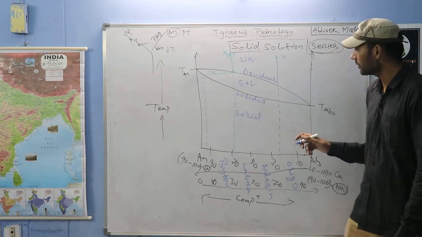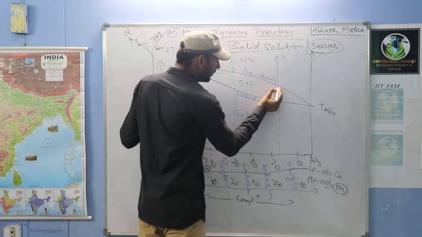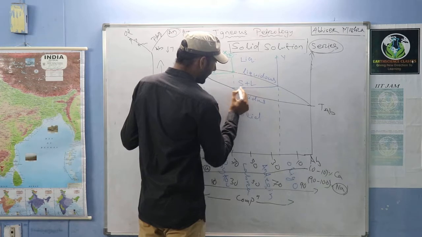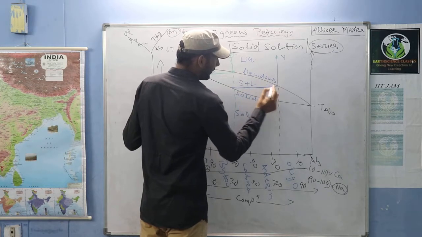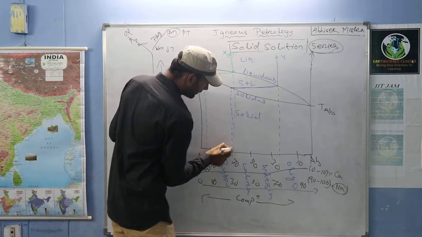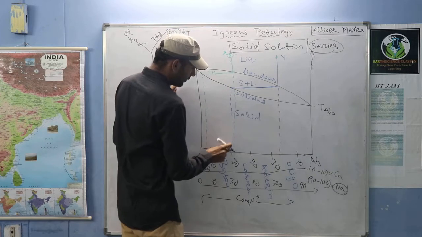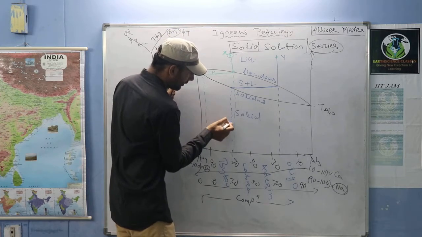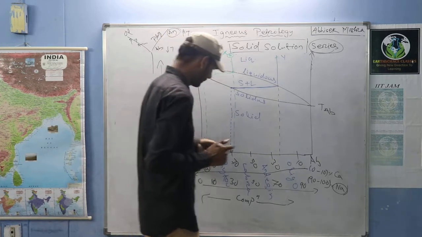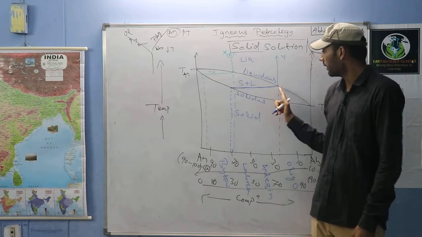Which mineral will form? We have to make a tie line here. It will crystallize this composition, let's say about calcium 68 and sodium 32. Are you getting it?